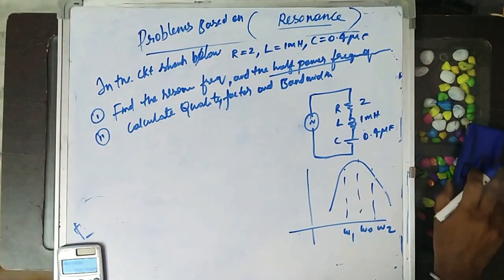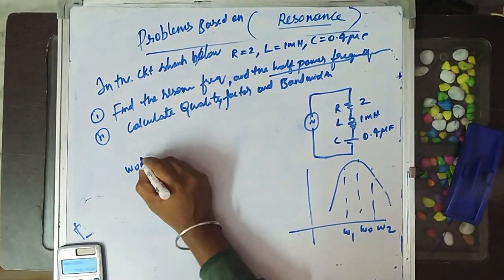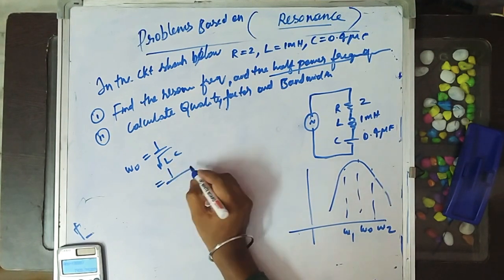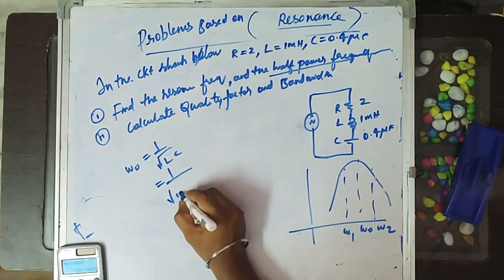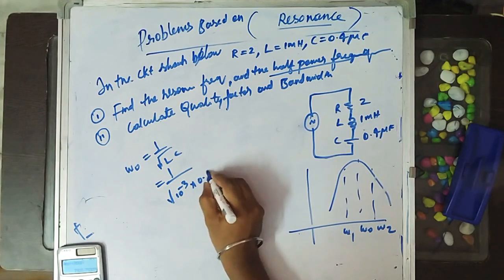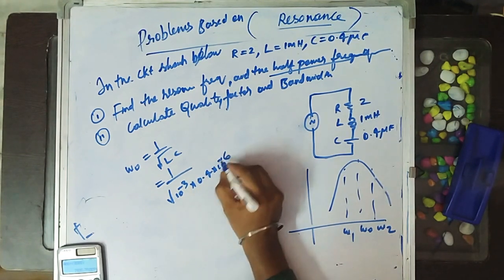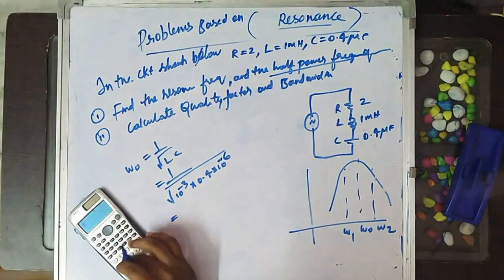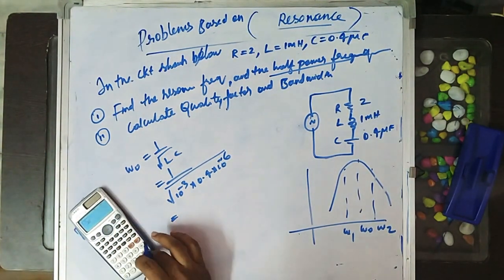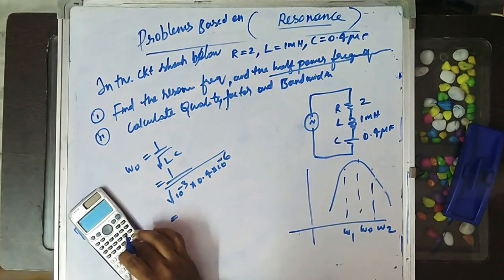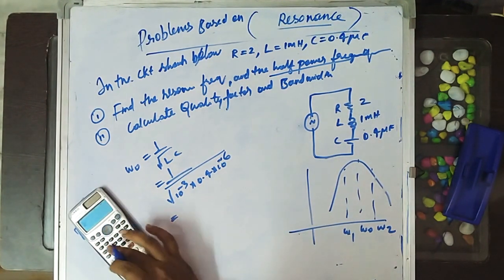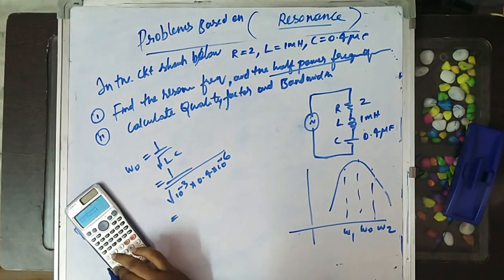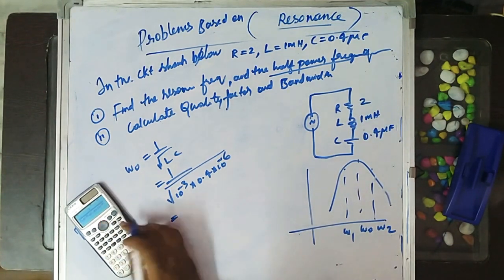For the resonance frequency of an RLC circuit, directly we have 1 by root LC. We have the L value and C value, so substitute those values: 10 power minus 3 into 0.4 into 10 power minus 6.